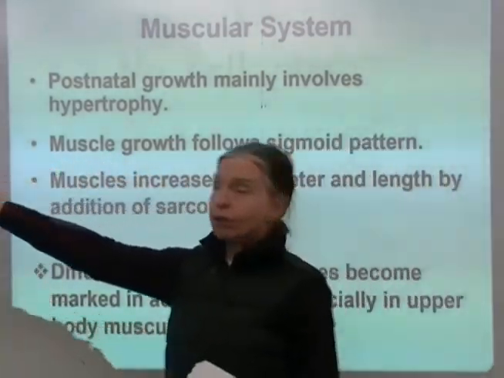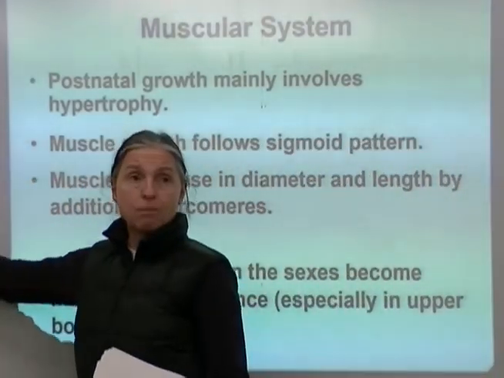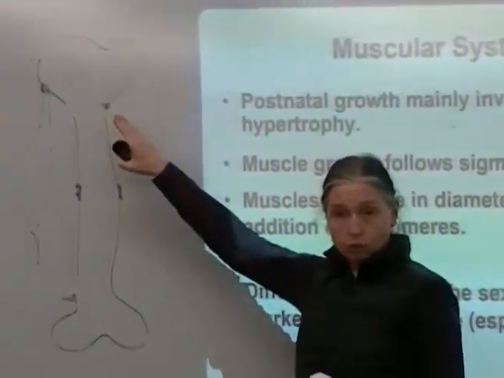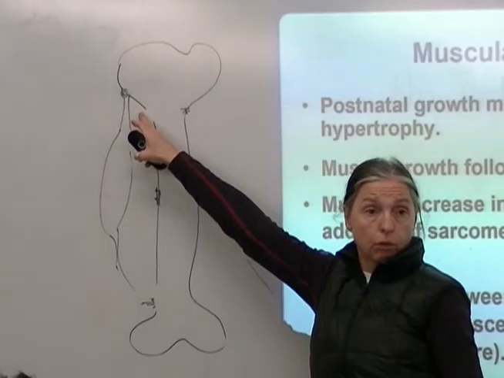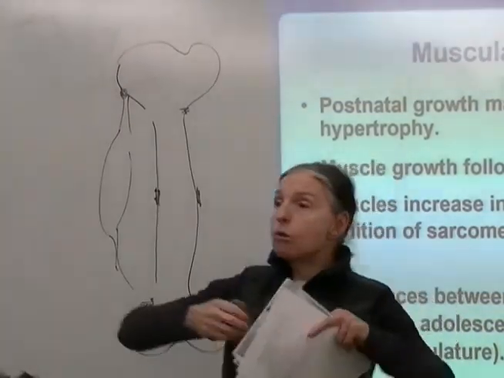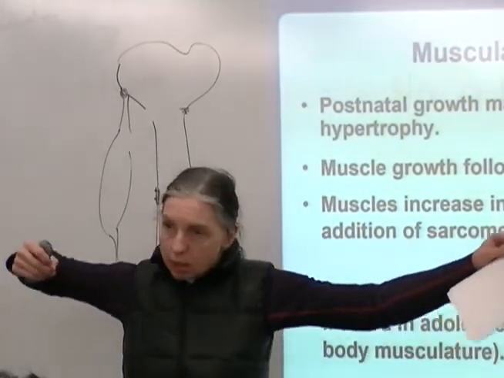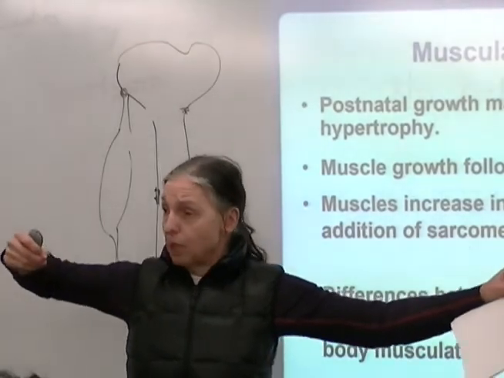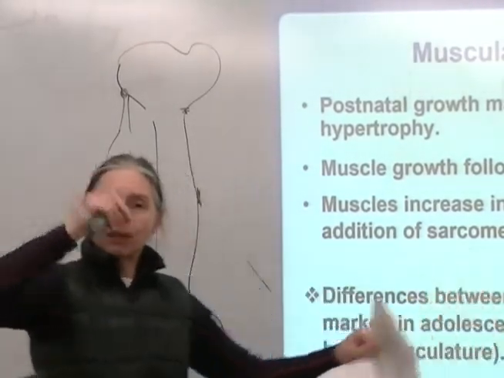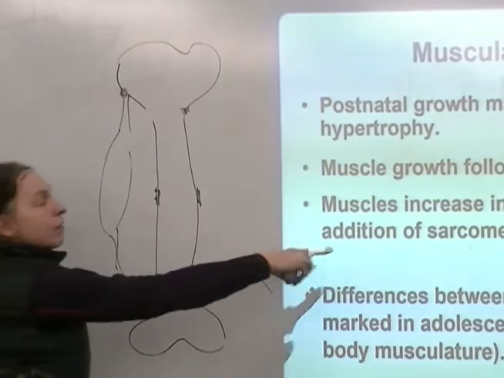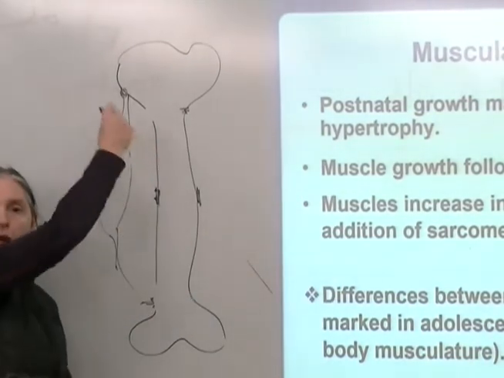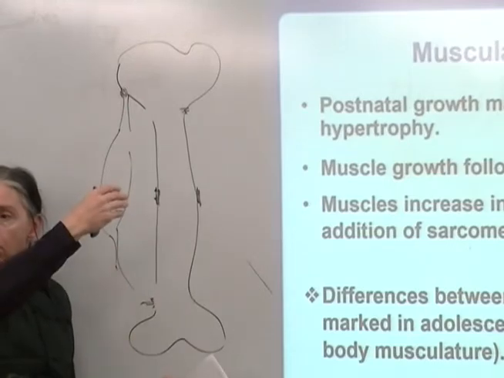Remember what's going on here. The bone grew first, but the muscle is attached to the bone. So when the bone grows, it tugs on this muscle that hasn't grown yet, and that applies stress to the muscle and encourages the muscle to lay down additional sarcomeres to get longer.